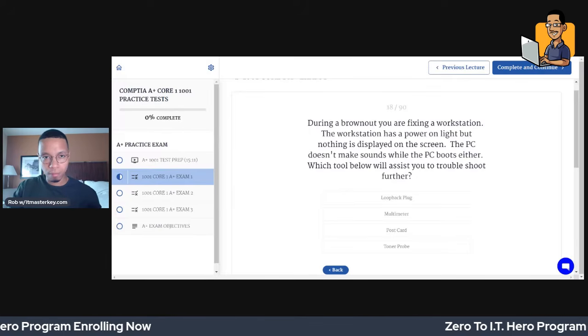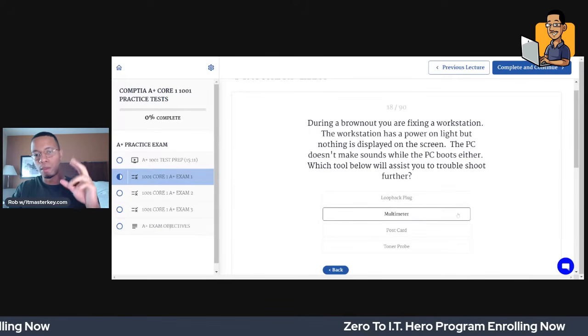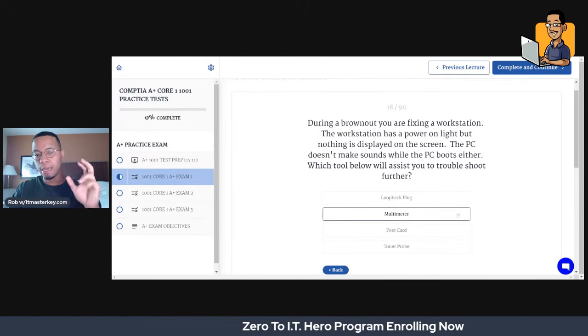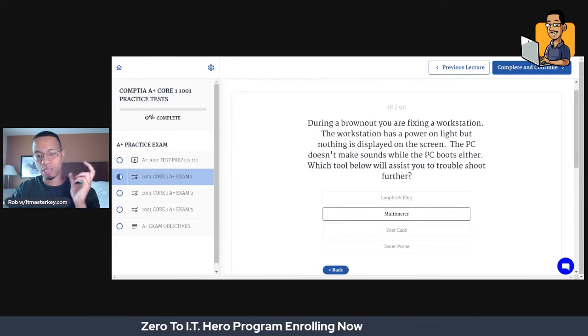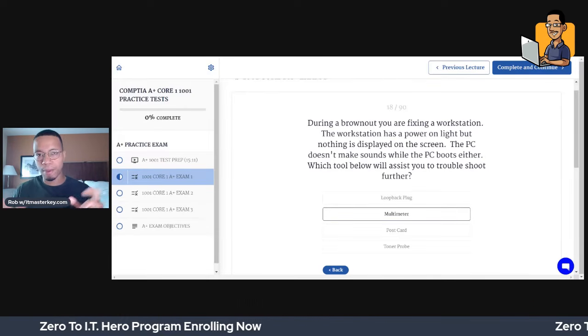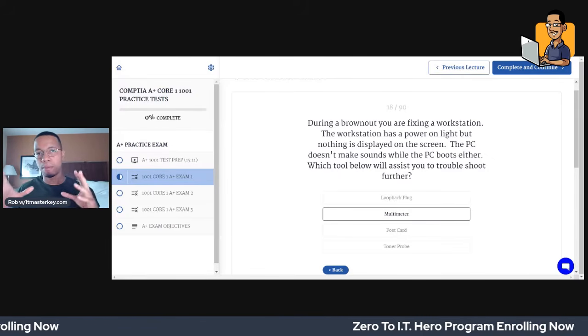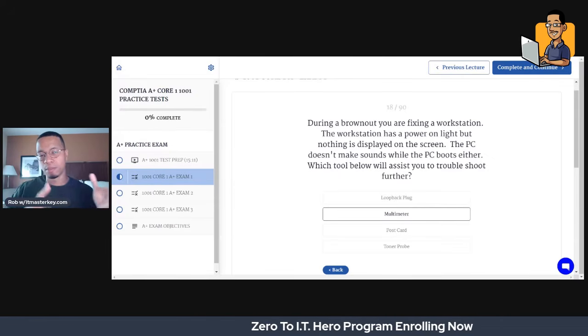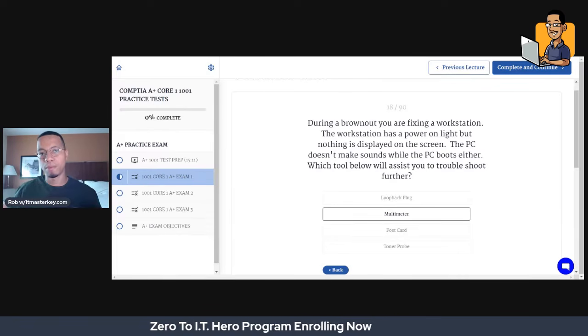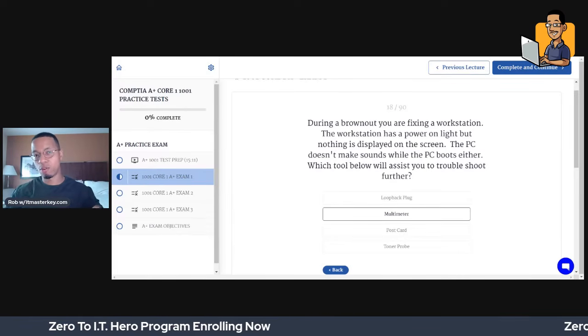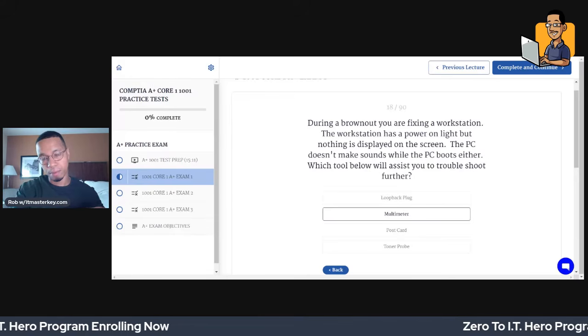So it's got a power on light and it's not beeping, it's not making any sounds, not doing anything, right? Depending on different manufacturers, the actual device, PC, or laptop may make different beeps. A lot of times those different beeps may indicate if everything's okay, or it may indicate that there's a problem, okay?